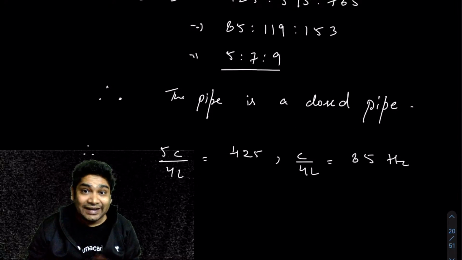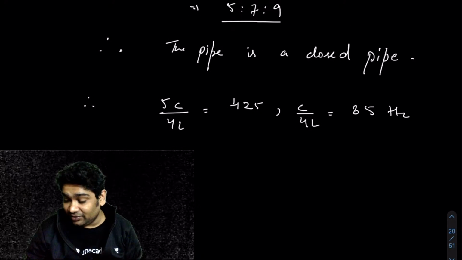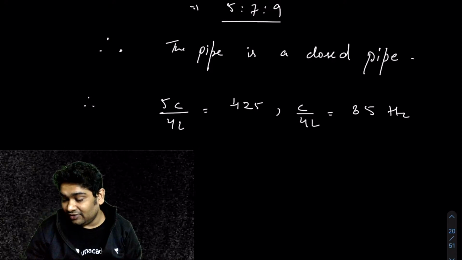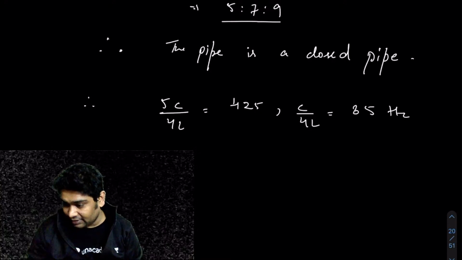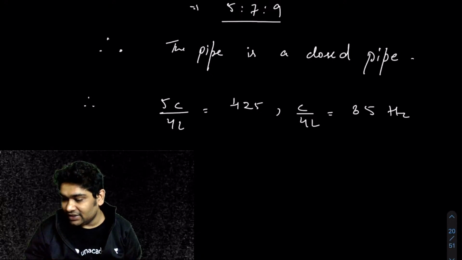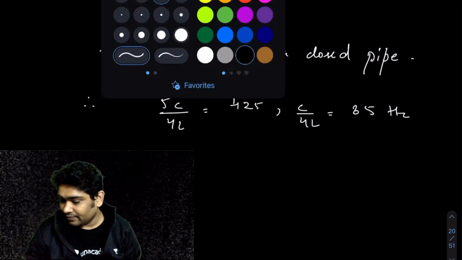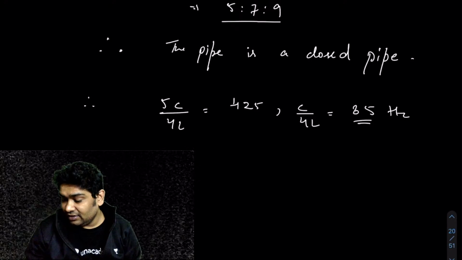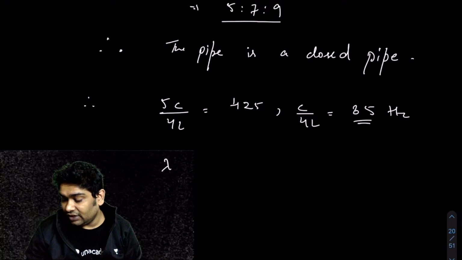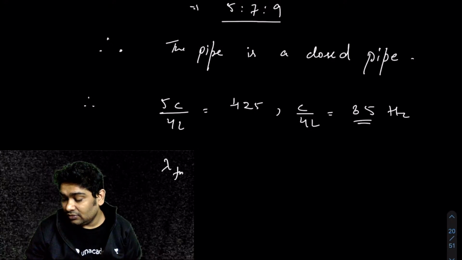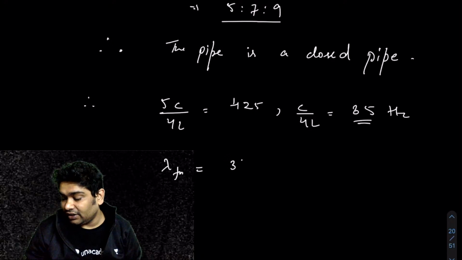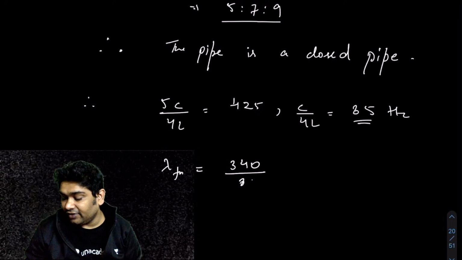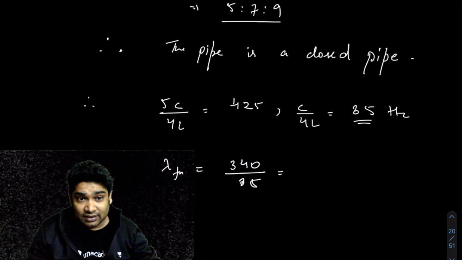And now, how about the length of the pipe? So here, of course, if the fundamental frequency is 85, can I say lambda fundamental would be equal to 340 per 85? Okay, so let's see how much that is.